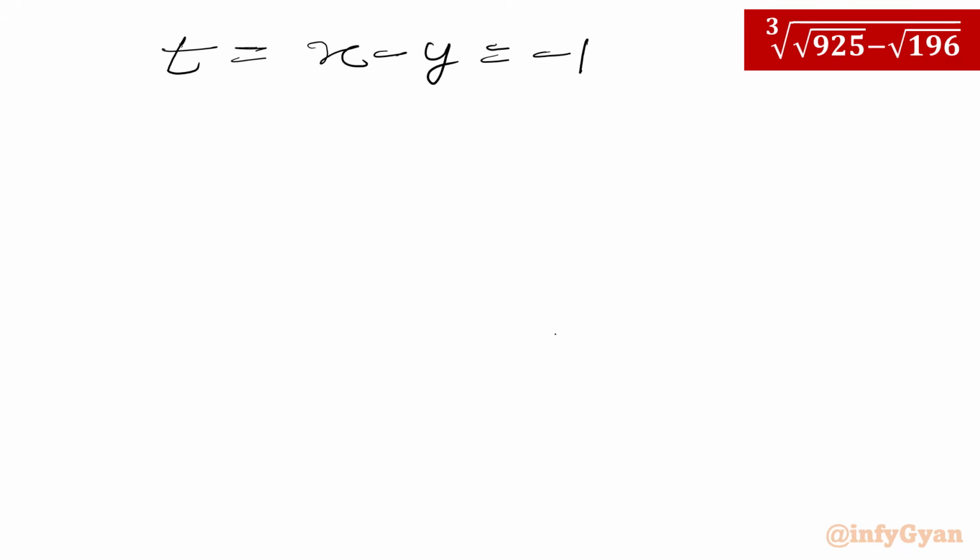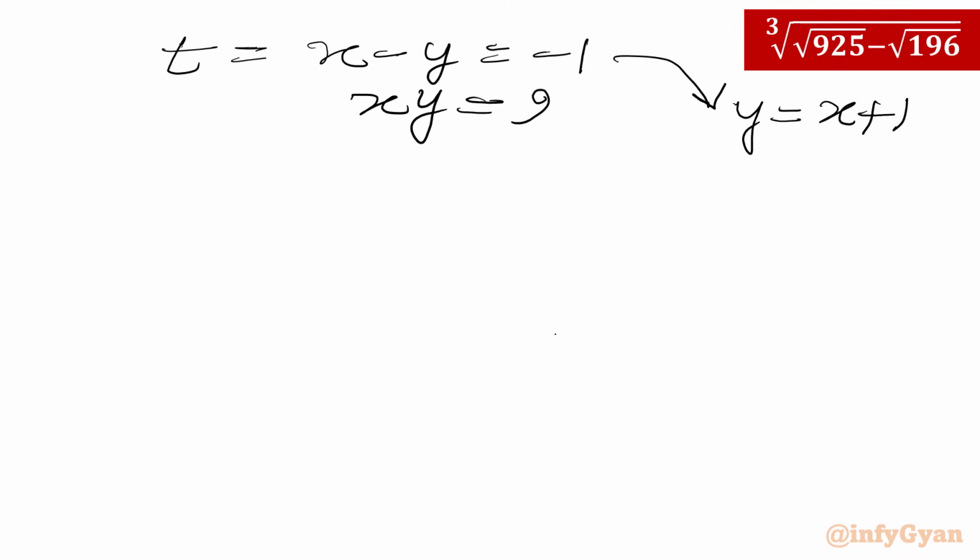Now t was our substitution, x minus y. So we will write t equal to x minus y equal to negative 1. And we have xy equal to 9, equation number 2. Now from our first equation, or x minus y equal to negative 1 equation, we will find y which will be equal to x plus 1, which we will apply here.